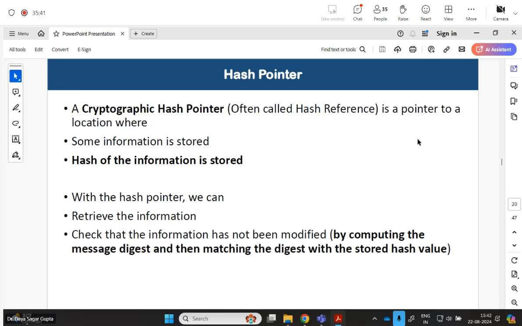It is a pointer to a location where some information is being stored. Why do we have the pointer?